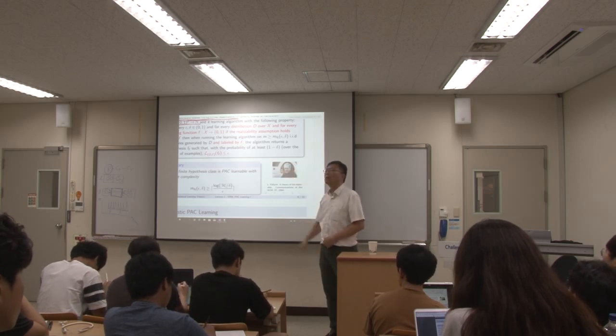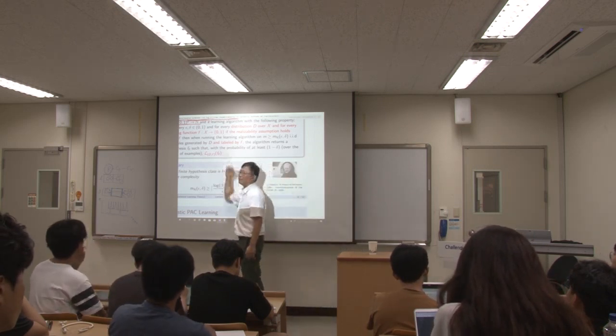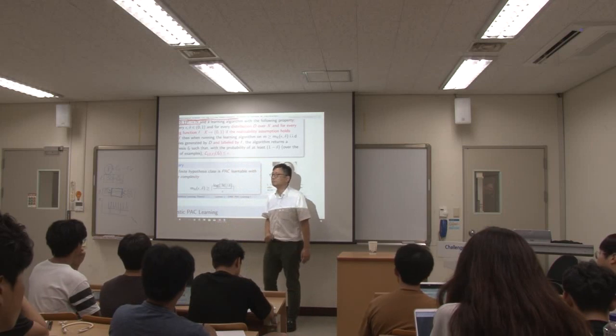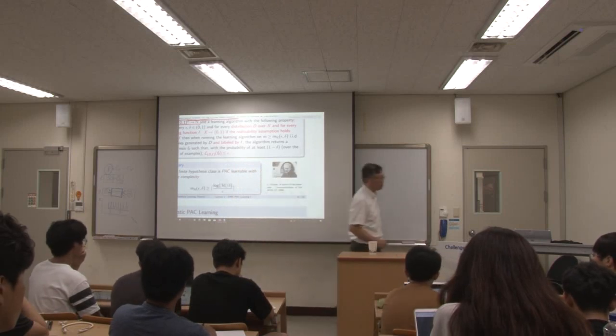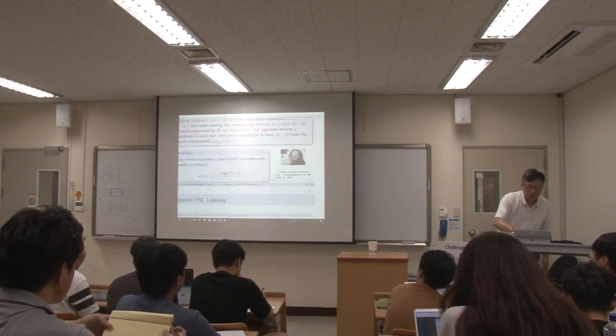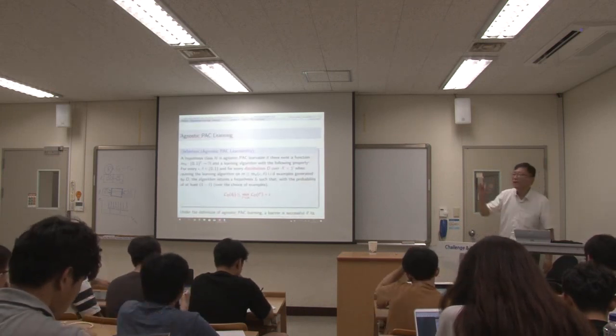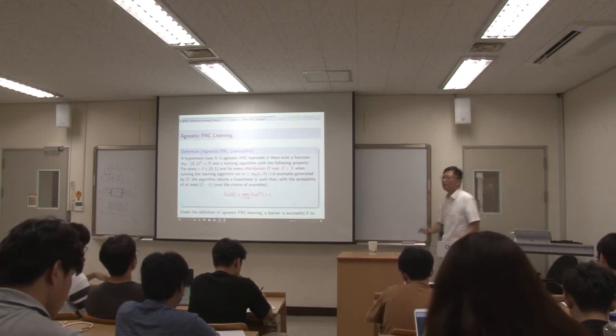It's going to have a test error less than epsilon. Which is very, very significant. Okay? So that's PAC learning.